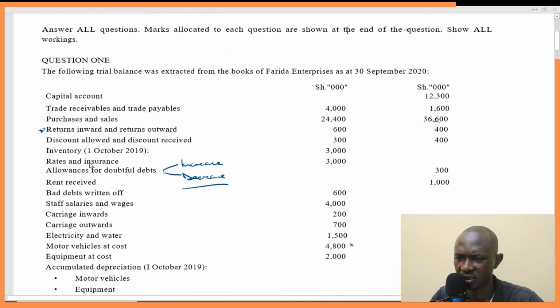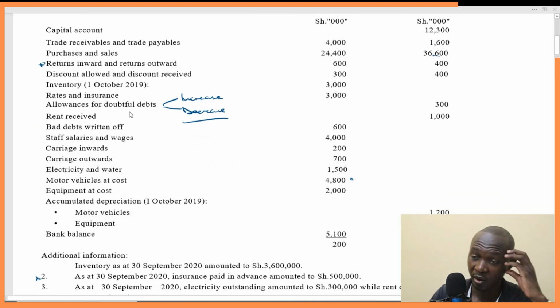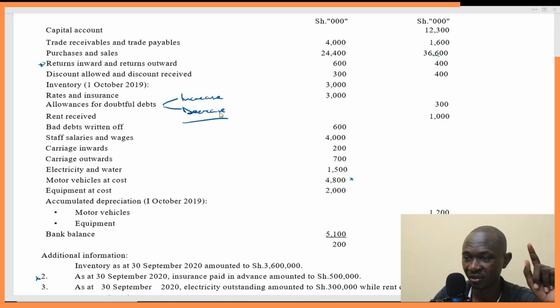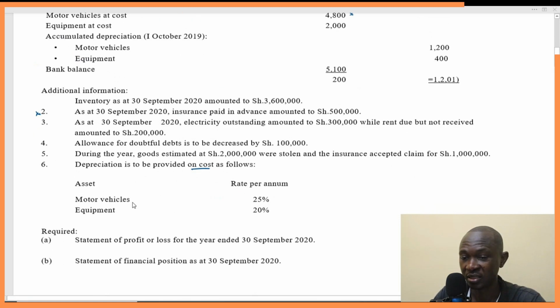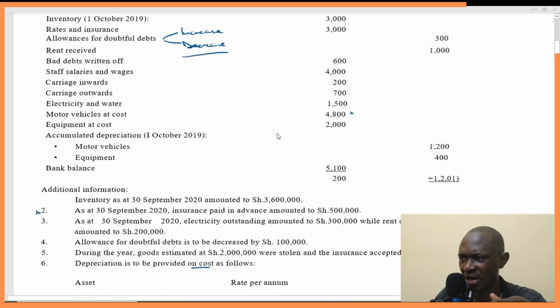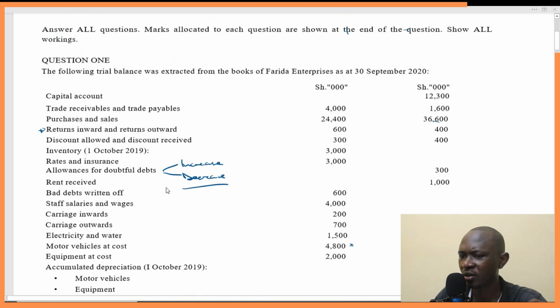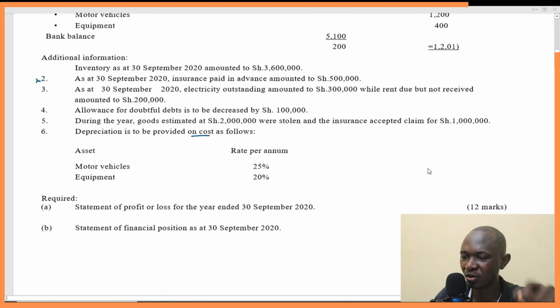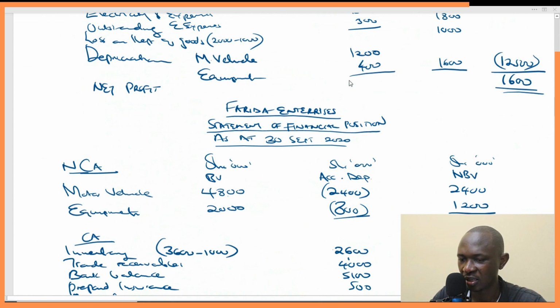Purchases, sales, return, discounts, rates and insurance, allowance for doubtful debts. Now, allowance for doubtful debts has been decreased by 100. Remember, it was 300, and then it has been decreased by 100. This is the statement here, that allowance for doubtful debts is to be decreased by 100. So that means the new allowance for doubtful debts will be 200. It is the new allowance that you are going to capture in there.